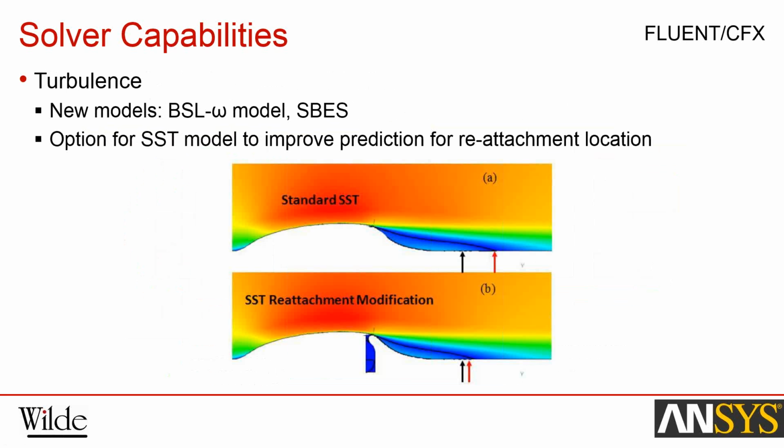In CFX, there have been some improvements to the SST model. What I've got here is a standard step, and the red arrow indicates where reattachment occurs in the simulation, and the blue arrow indicates the experiment.